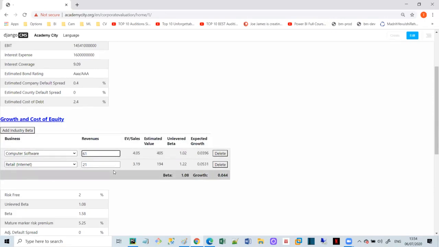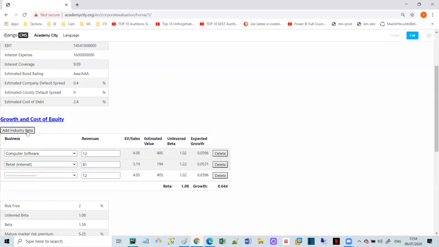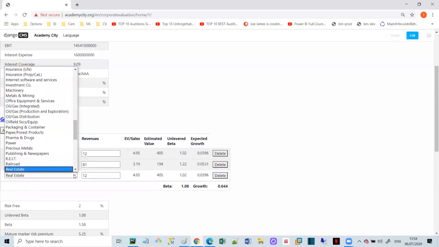Okay, so I have the percentages. For internet retail, we calculated 81% of their business. This is 81? Okay, go ahead. Computer services, we calculated as around 12%. Okay. And retail, grocery, and food, we calculated around 6%. Hold a second. Retail, grocery and food. Where do you see that?